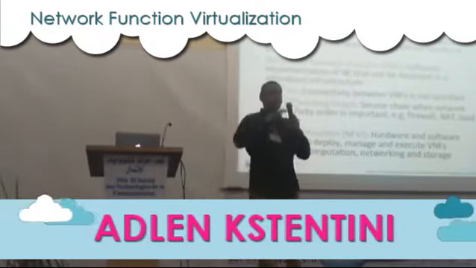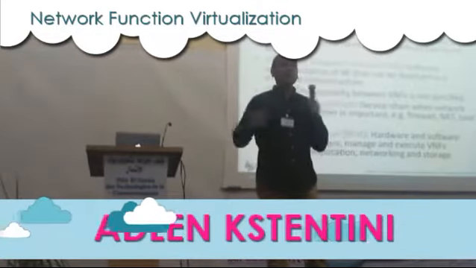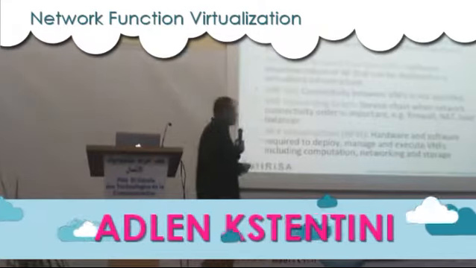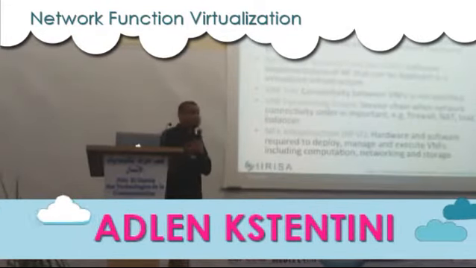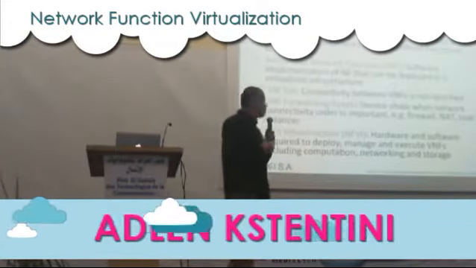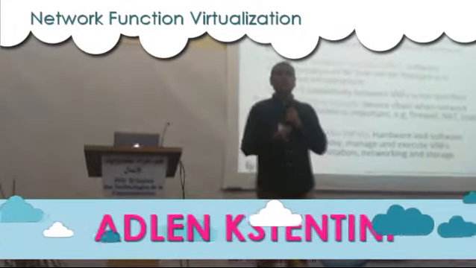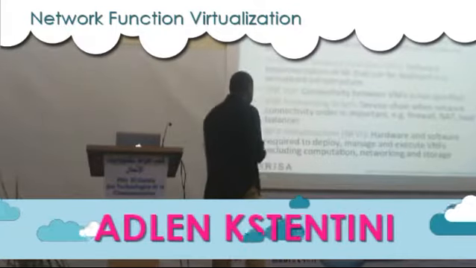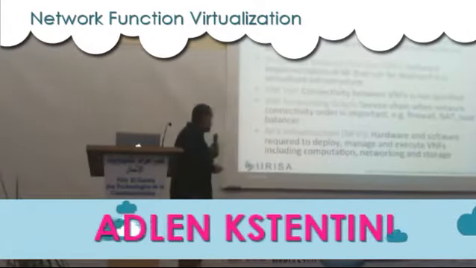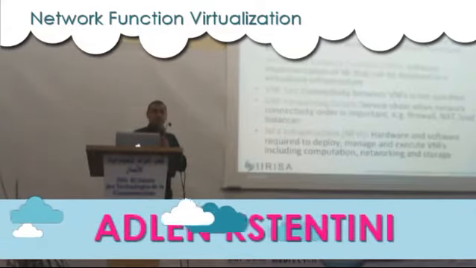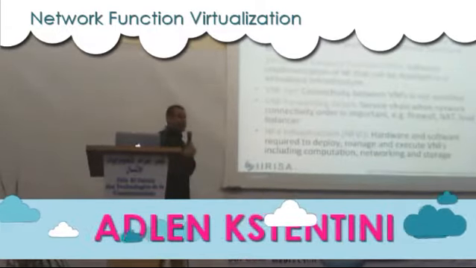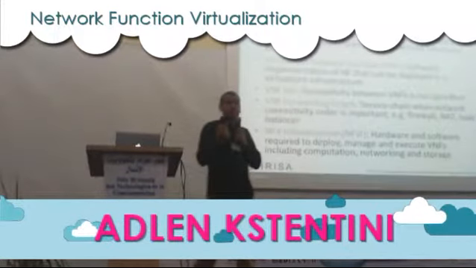So what are the concepts of NFV? The NFV now comes with more architectural concepts. So we have the network function, which, as its name indicates, is the functional building block in order to create a network service. We have a virtualized network function, which is the software implementation of the network function.